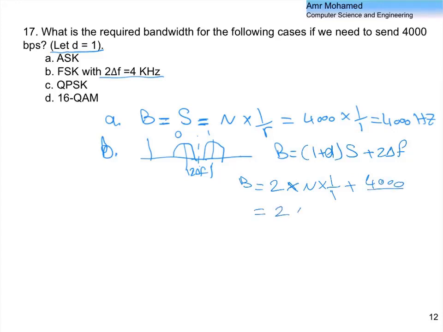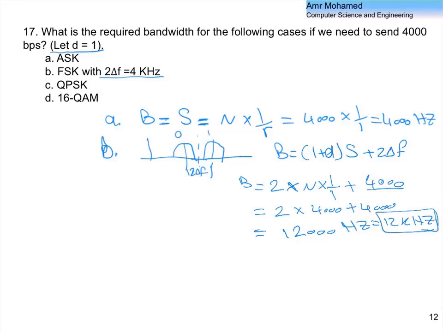So this is equal to 2 times 4000 plus 4000, so that's 12,000 hertz or 12 kilohertz.